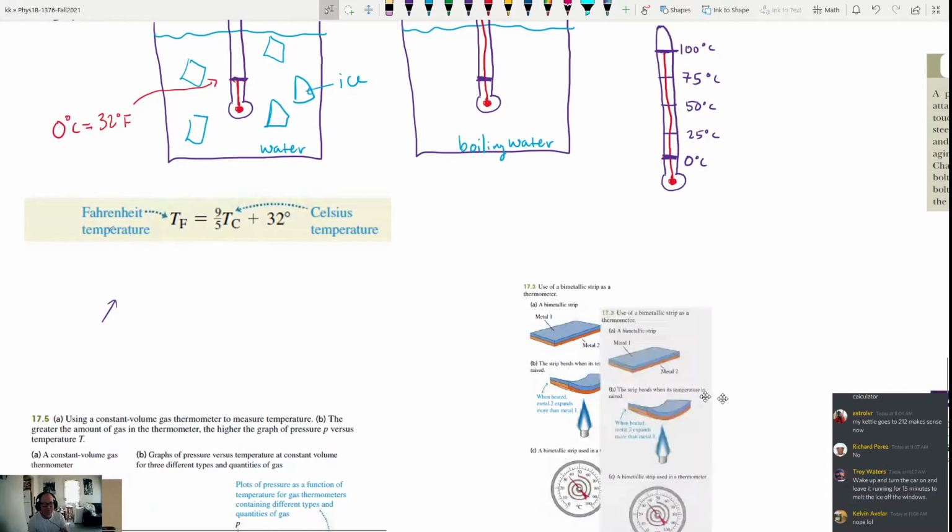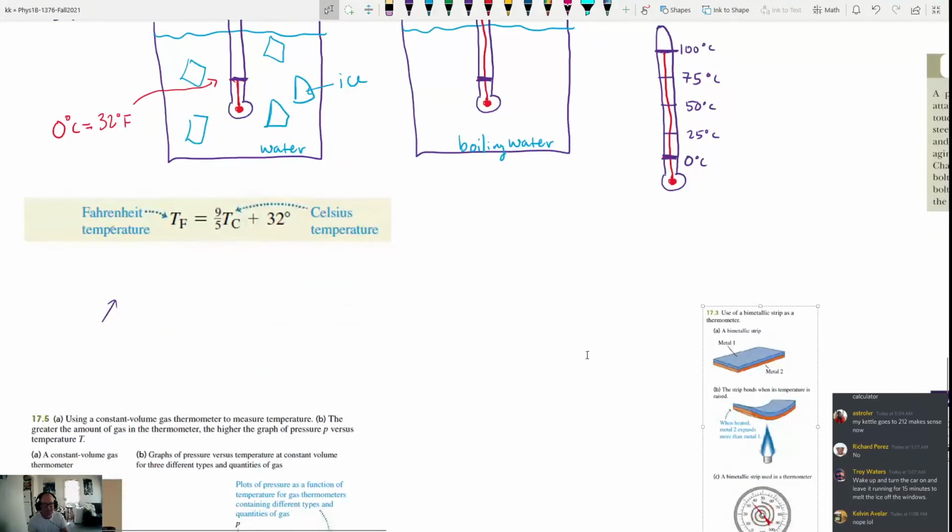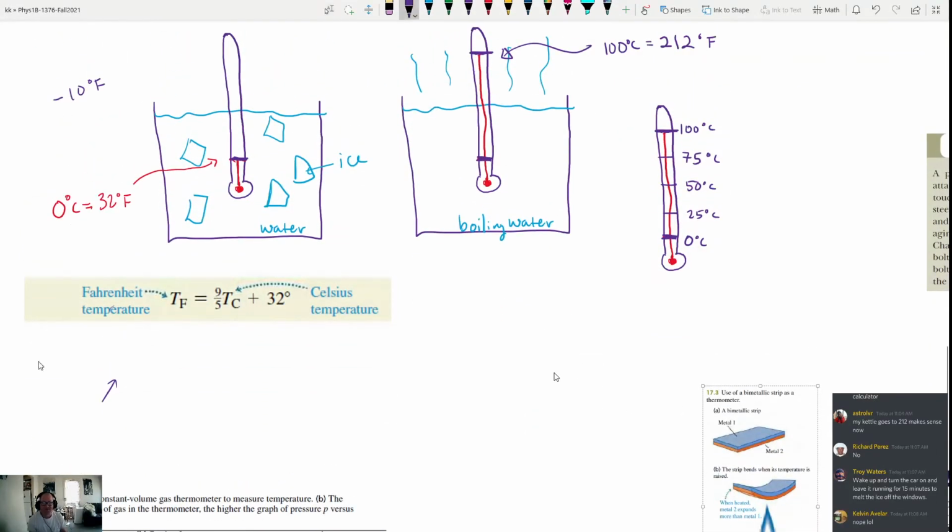So the other scale that we use beyond just Celsius is the Kelvin scale. Okay, and for the Kelvin scale, we can write down a relationship as well. The Kelvin is what we call an absolute temperature scale. This is the SI unit of temperature.